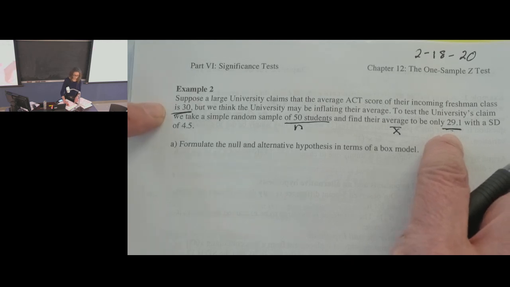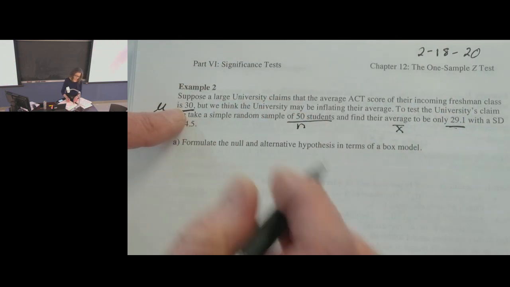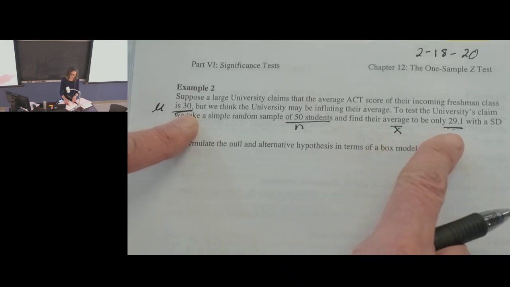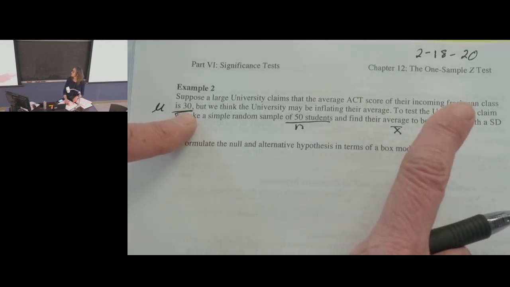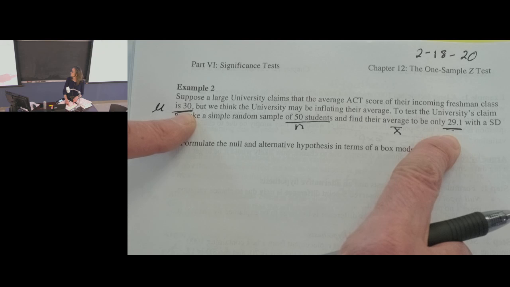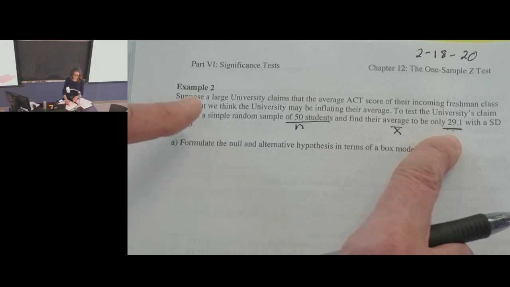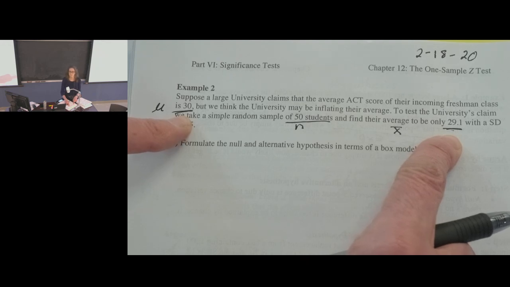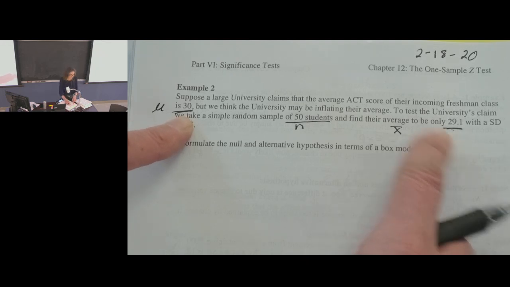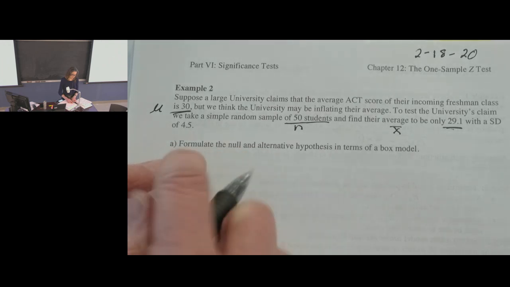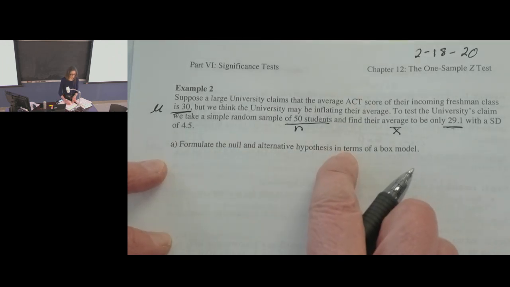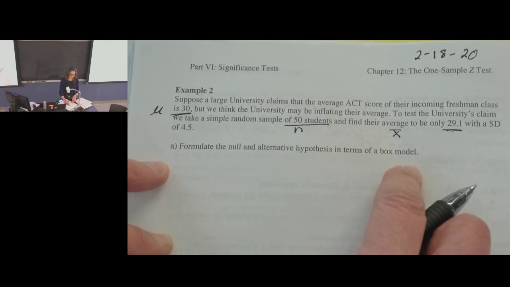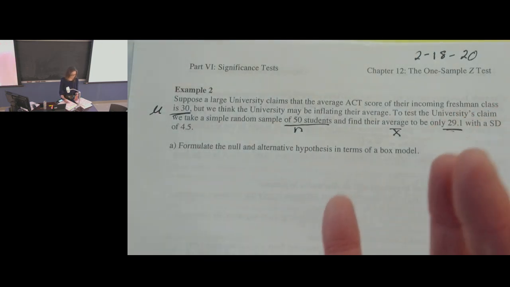And this right here is our population average. This is the claim, and we want to look at this difference between what we observe and what we expect. Is this difference of negative 0.9 just due to chance variation or not? So we formulate the null and alternative hypothesis in terms of a box model, a probability model.